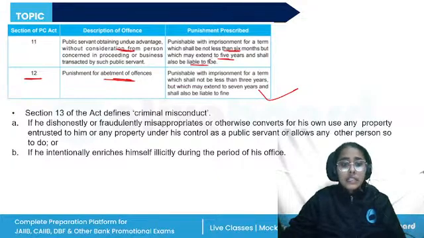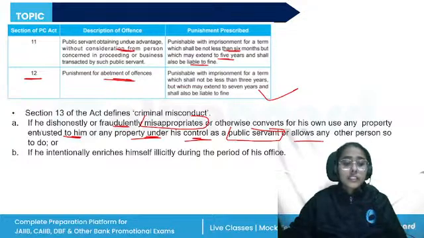All right. Then we have the definition of criminal misconduct, which is given in section 13. A public servant is said to commit the offense of criminal misconduct if he dishonestly or fraudulently misappropriates or converts to his own use any property entrusted to him, or any property under his control as a public servant, or allows any other person to do so.